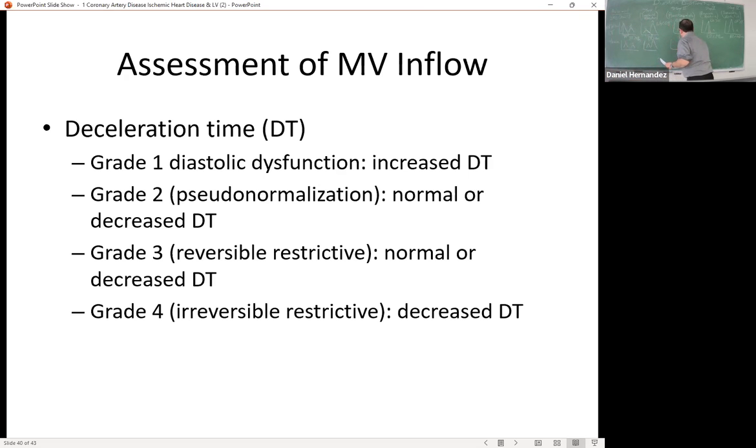Now, when we get into pseudonormalization, when the patient Valsalvas, we'll now be able to demonstrate a reversal. So this normal appearing mitral inflow pattern will reverse into a small E and a large A. So with Valsalva, we now can unmask that pseudonormalization and it will take on an impaired relaxation waveform pattern.